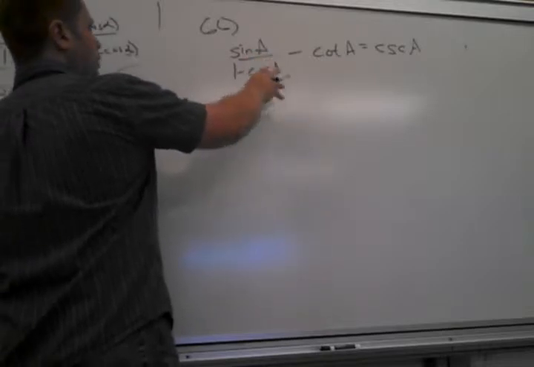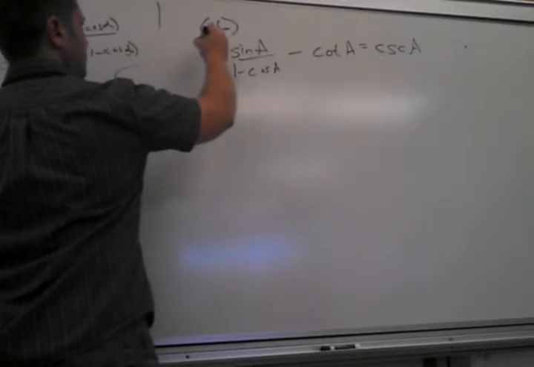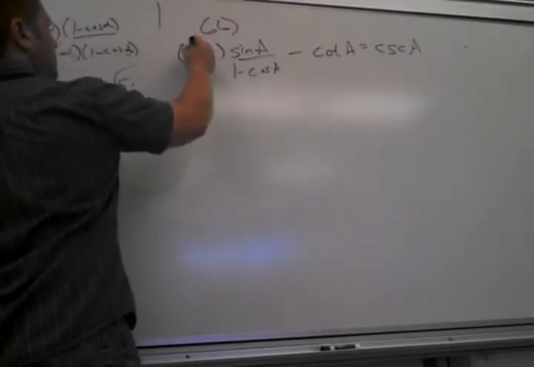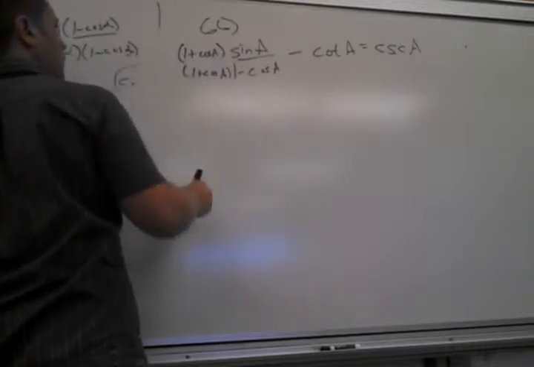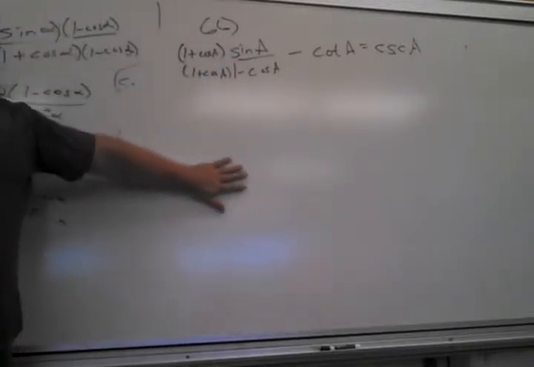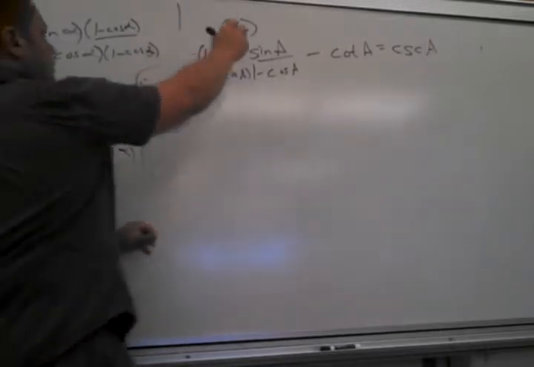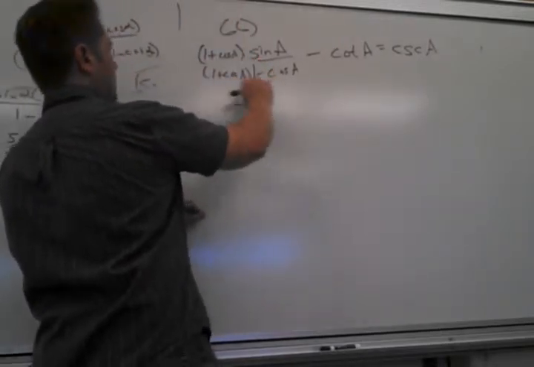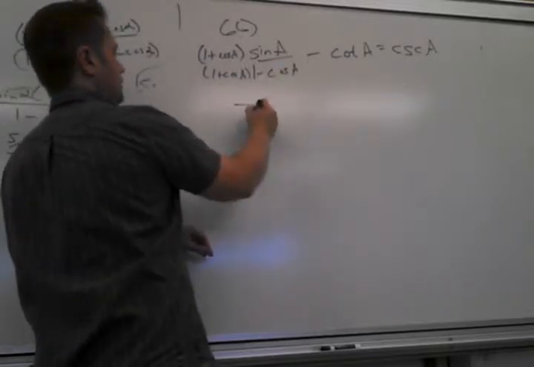But the quicker way to do this is to attack this the same way we attacked this guy. So multiply top and bottom by... That's just one way, right? There are other ways. Always, there's more than one way. So on the bottom I get 1 minus cosine squared, which is sine squared.